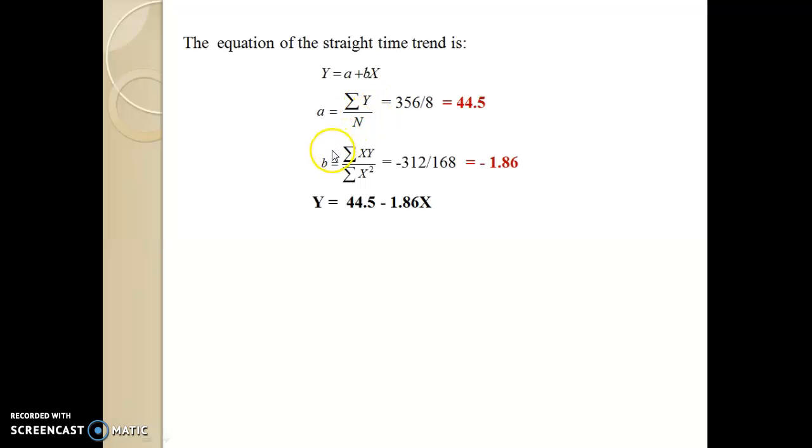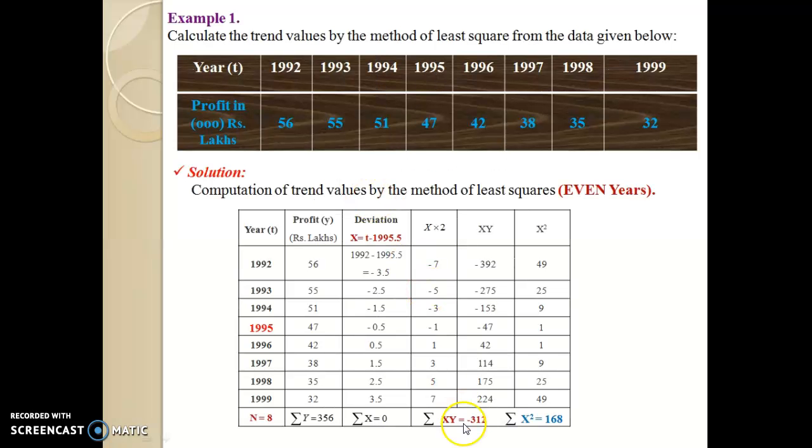We can calculate similarly the value of b: summation of x into y divided by summation of x square. What is the value of summation of x into y and x square?